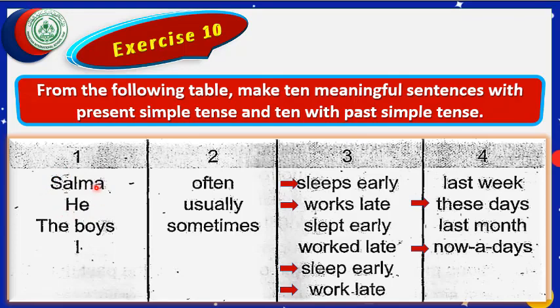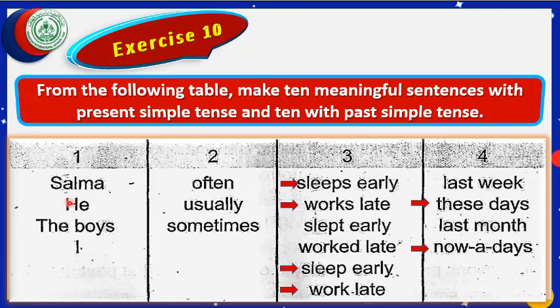With these two subjects, you have to use singular verbs, means verbs with S. That is sleeps early and works early. These two will be used with Salma and he.